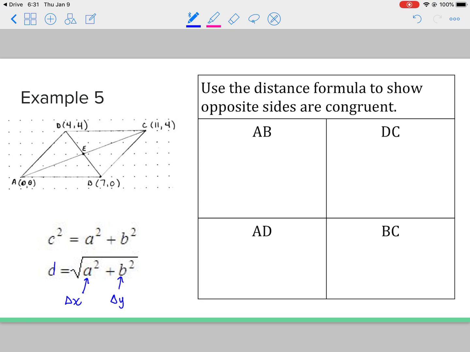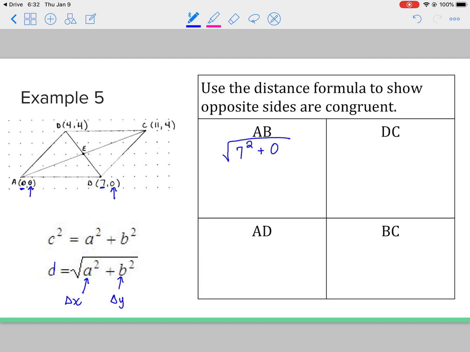So if I'm looking at the points A and B for that side, to come up with what's going underneath my square root, the first number that I plug in for a is how far it is from 0 to 7. So in between 0 and 7, that is 7 units. So this is going to be 7 squared plus, and then I'm going to look at my y values. So 0 and 0, those two are no units apart.